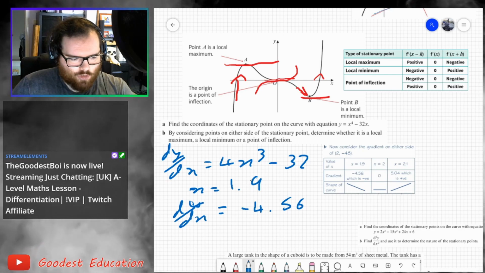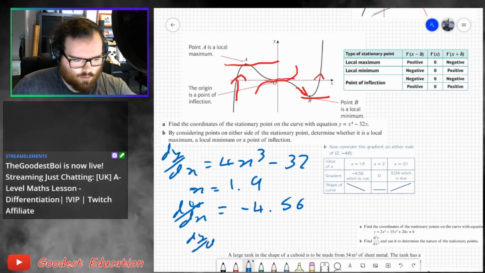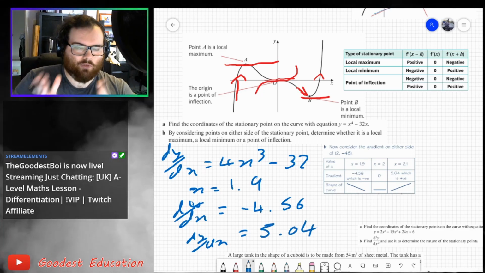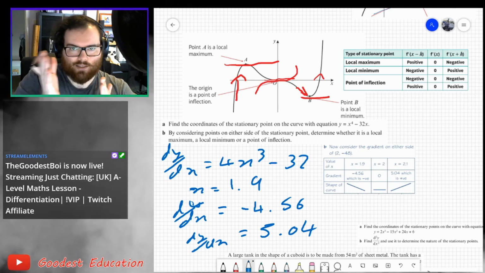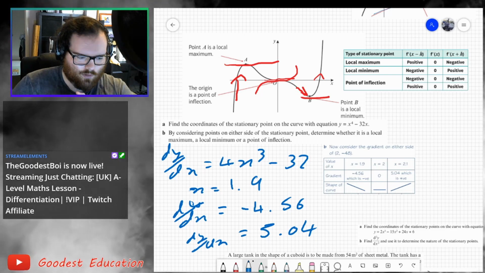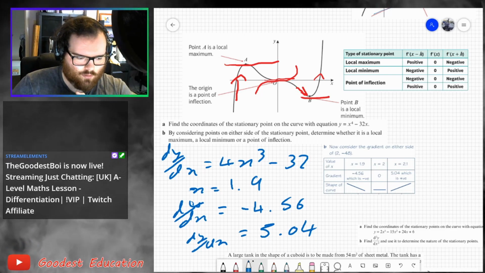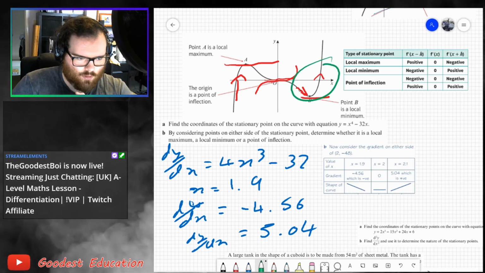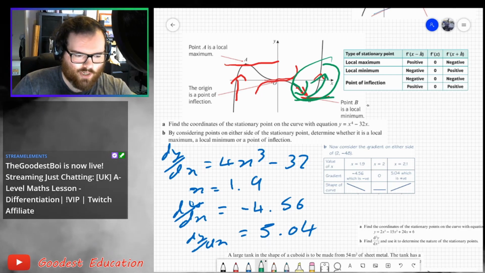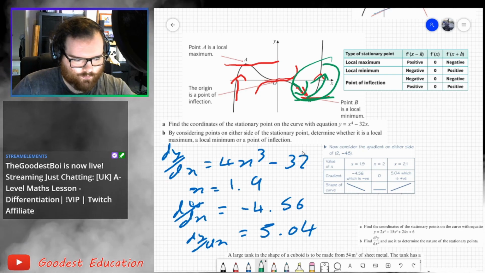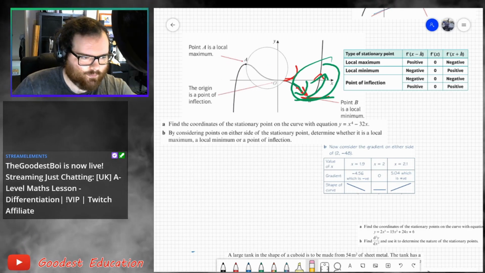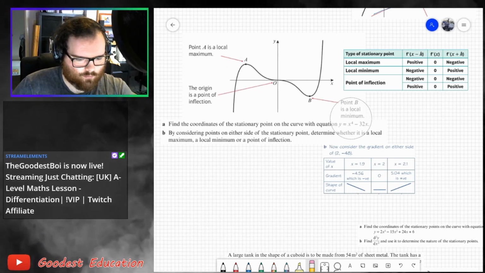And then if you put in 2.1, dy/dx is equal to 5.04, which is positive. So just before the point it is decreasing, it hits 0, and then it's increasing, which is like this example here. So it's decreasing, it's a stationary point, and it increases again. So this point here is a local minimum.